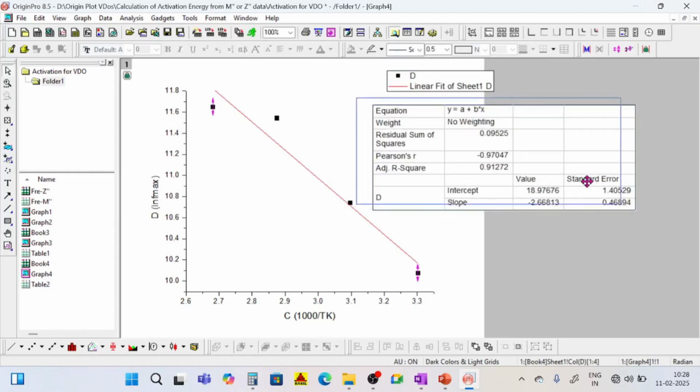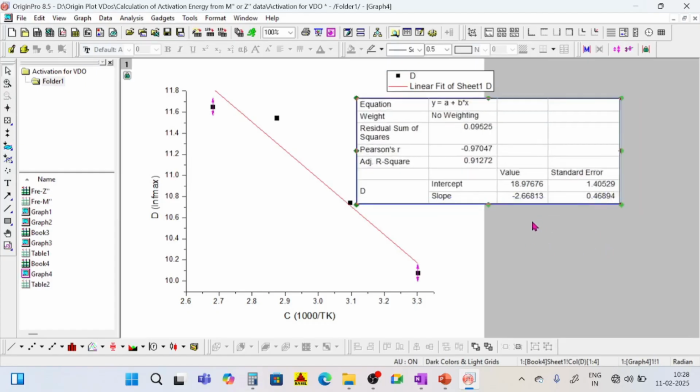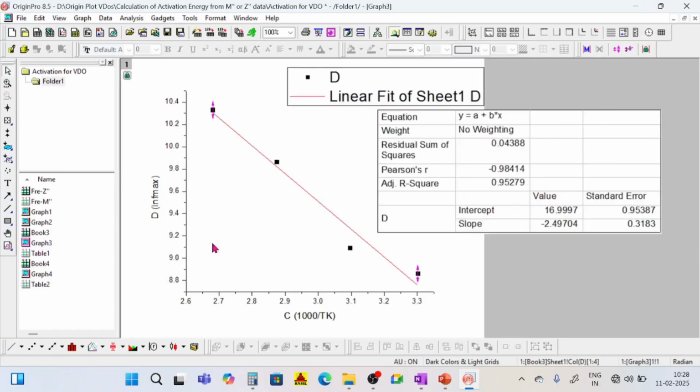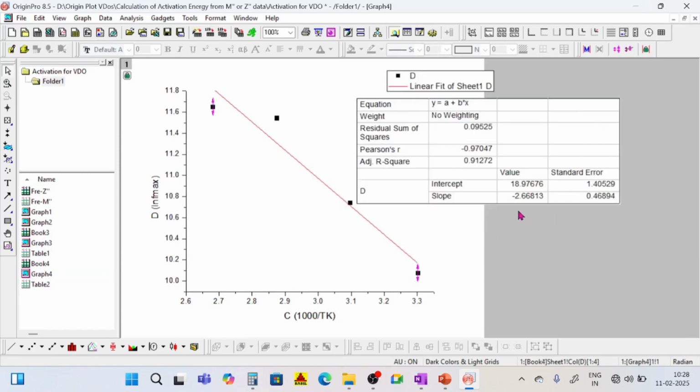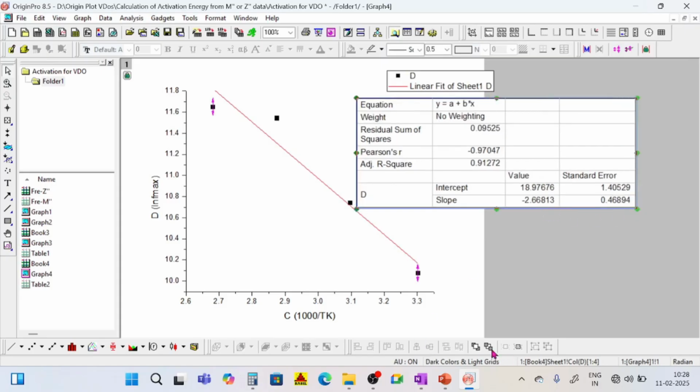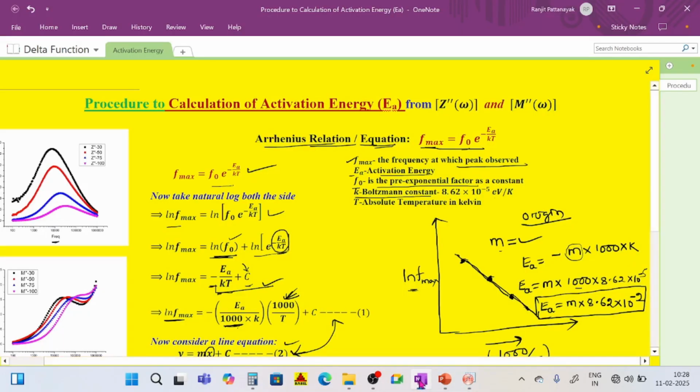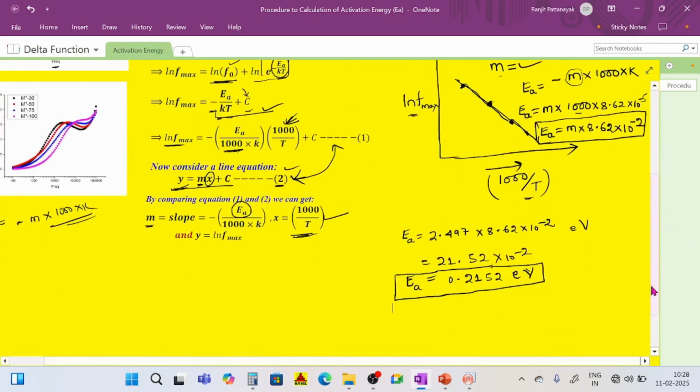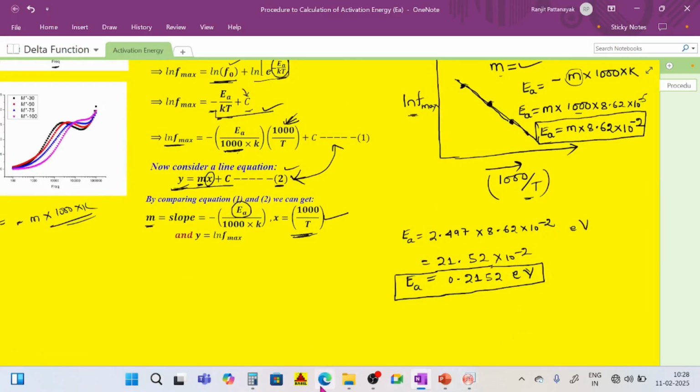slope. It will be approximately the same value. Here you can see from Z double prime data we found minus 2.49 and here we found minus 2.66. So if I am going to consider this value, what will the activation energy be? Here you can see activation energy is nothing but the m value into 8.62 into 10 to the minus 2, right?